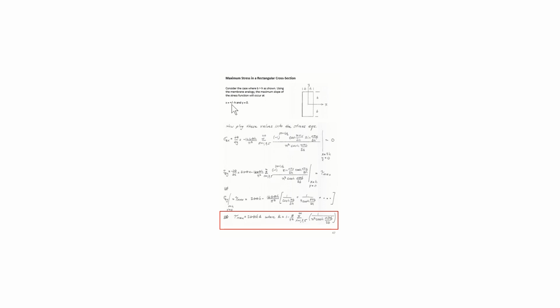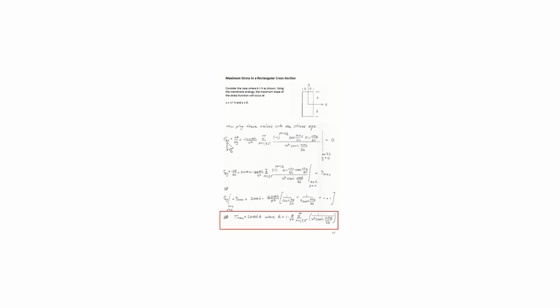That's what we get by plugging x equal to plus and minus h and y equal to 0 into the expressions for the stresses on the previous page. Hopefully you can see where that comes from by looking at these integrals and computing some of these numbers.